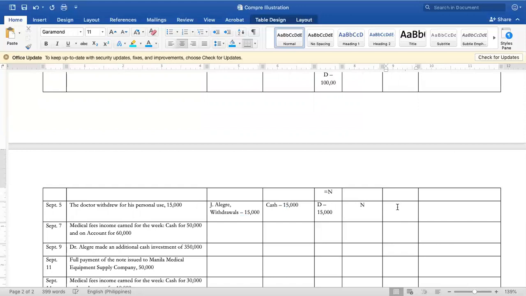How about equity or owner's equity? What is the effect of the withdrawals? So withdrawals has a normal balance of debit, but owner's equity has a normal balance of credit. Therefore, it will be deducted from the balance of your owner's equity, or the total owner's equity will decrease by 15,000. So the effect is decrease 15,000.